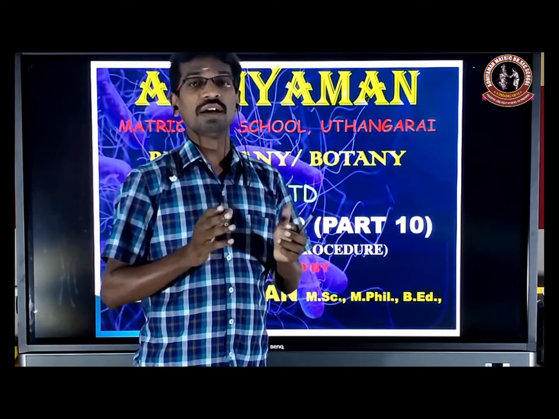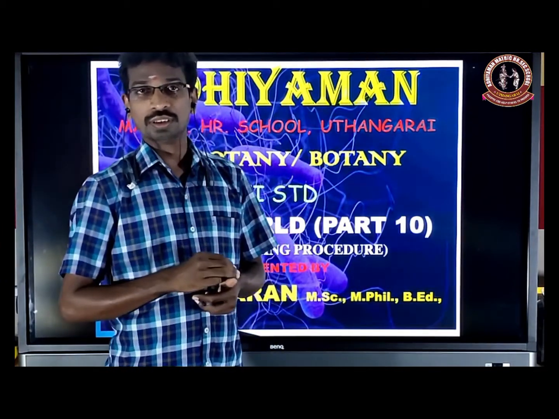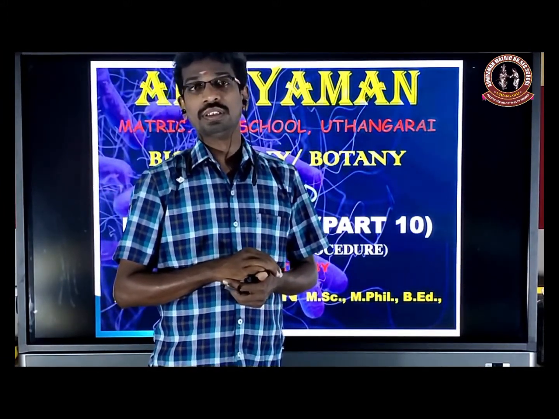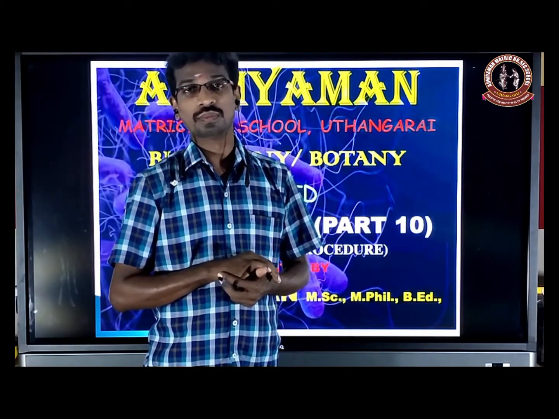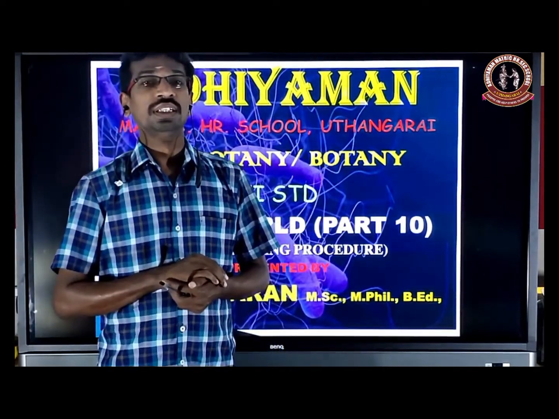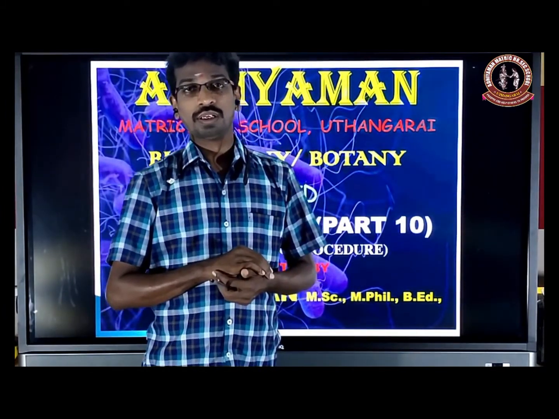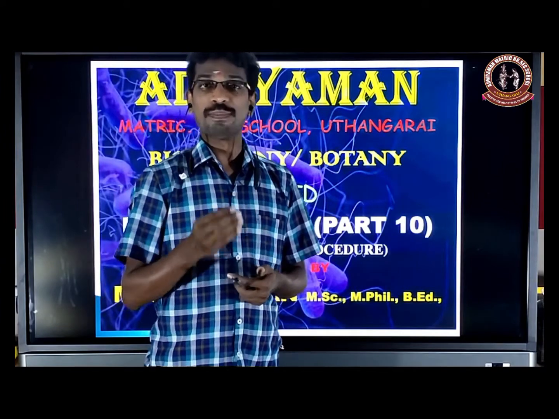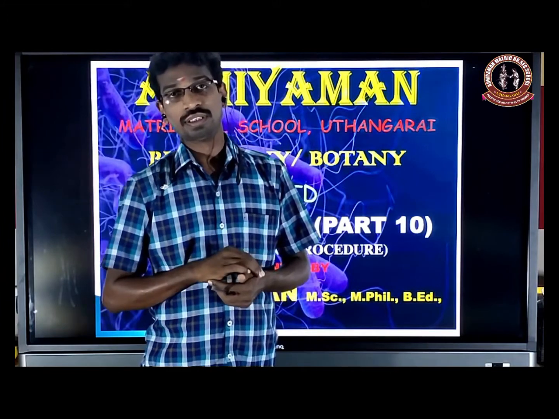Based on the shape, bacteria are classified into coccus, spherical or round shape; bacillus, rod shaped bacteria; spirillum, spiral shape; vibrio, comma shaped; and pleomorphic bacteria, one special type that changes its shape. Based on the flagella, bacteria are classified into monotrichous, amphitrichous, peritrichous, lophotrichous, atrichous, like that.